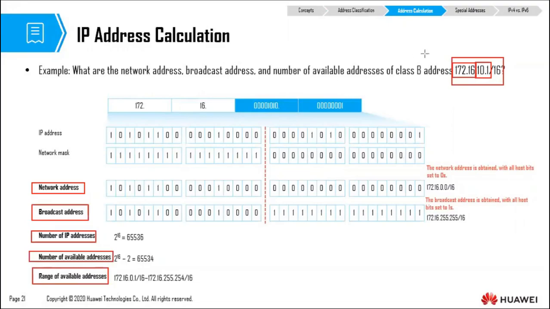So what happens? First thing you do, you convert the IP address and the network mask into binary. Are we together? Now, to get a network address, you do a logical AND between each bit of the address and the mask. Do you guys know what a logical AND is?